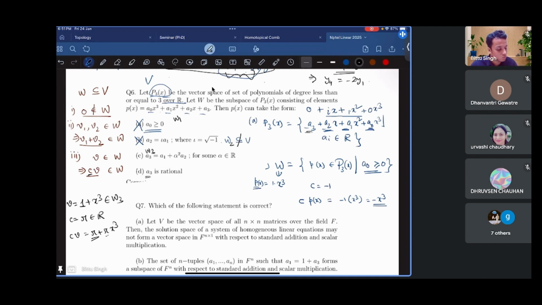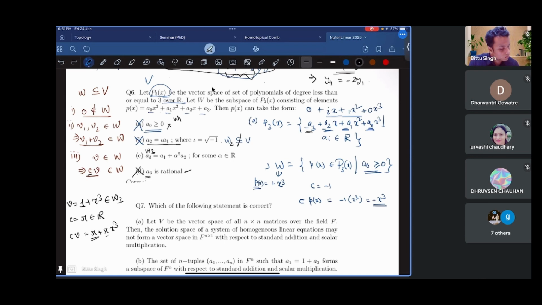Therefore, this is also not possible because it is not closed under scalar multiplication. It is again not closed under scalar multiplication, and for this one it is not even a subset. So those are the defects.